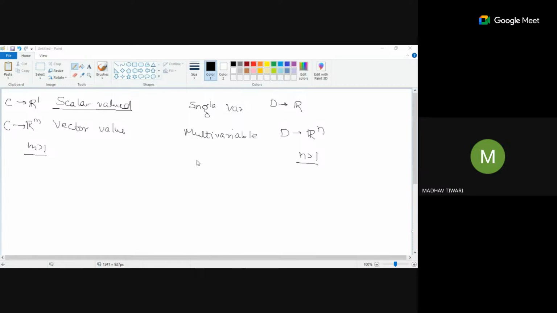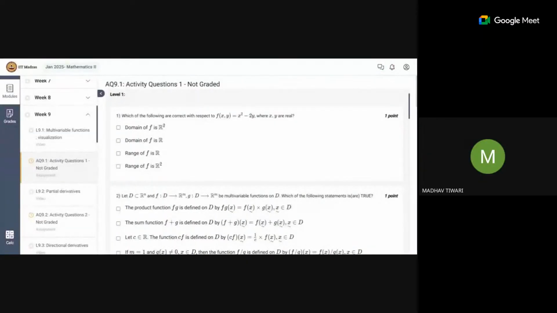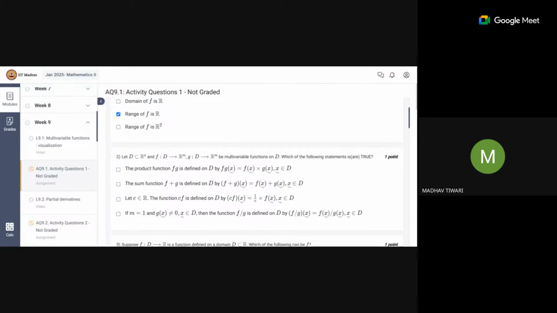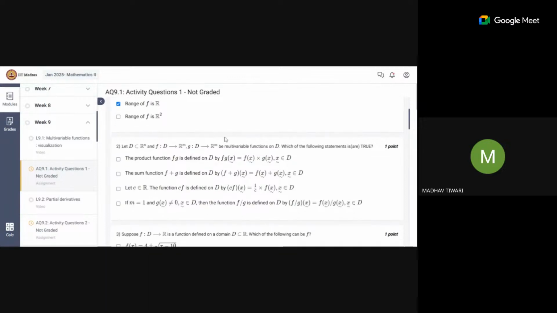So let's move on to the activity question. If you look at the top, you can see the domain of f. Two variables are there, so it will be in R2. Next, it is asking for the range. The range is a single real number, not a vector, so it is in R. Next, how do we define the product law?